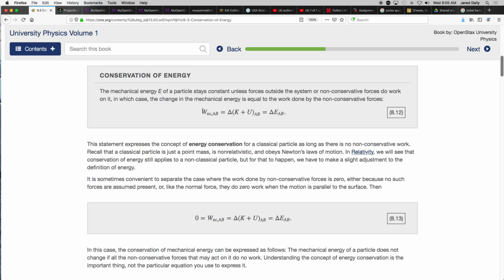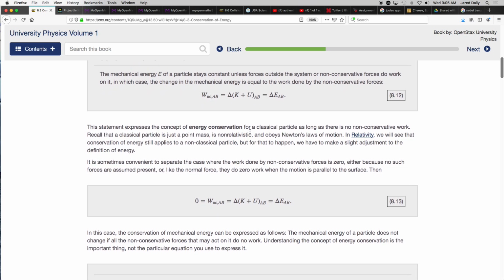Non-conservative work on one side of the equation, and then essentially all the conservative things on the other side of the equation, like the change in kinetic energy, which comes from conservative work, change in potential energy from conservative work, and so on. And that way, all this conservative stuff happens, and then you subtract off this one to get it equal to 0, and then you're good to go.